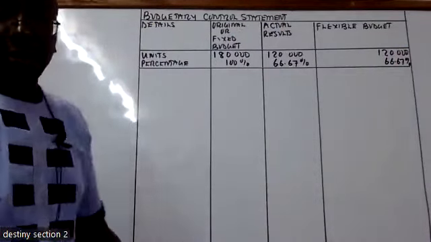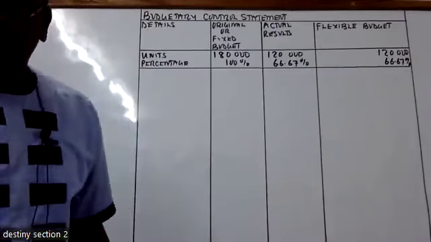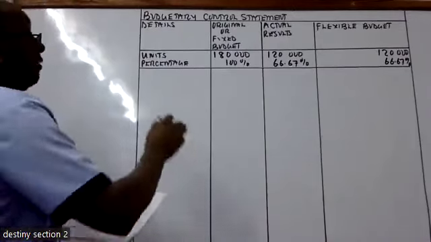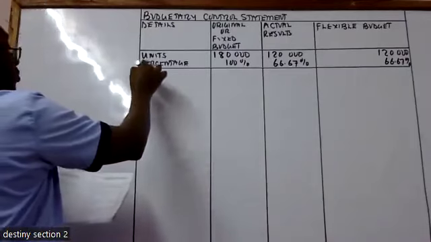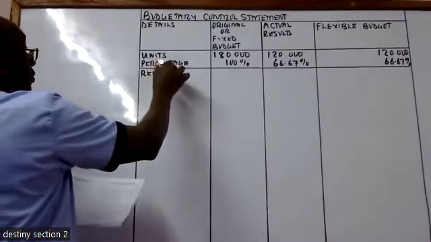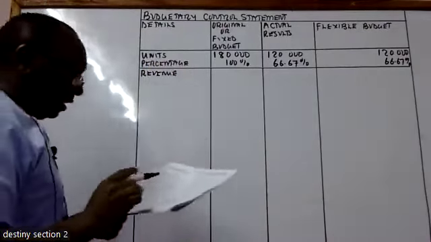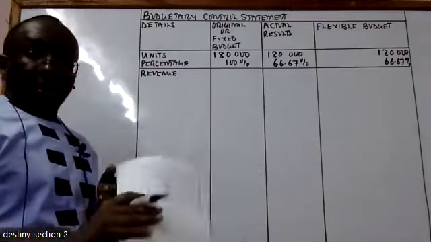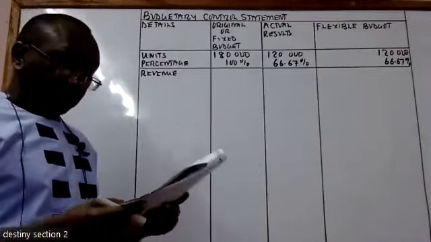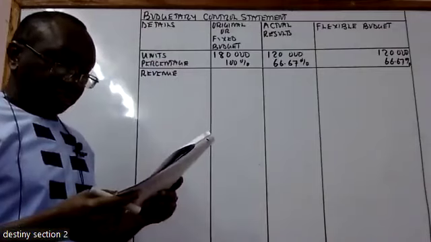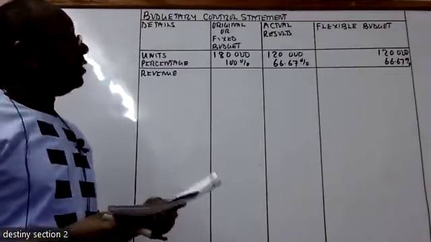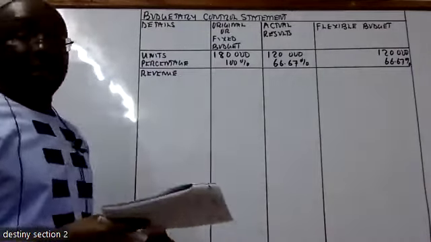So with that now, we bring the revenue. Now the revenue in this case, we go with the standard. So take the selling price of 250. 250 times 180,000.